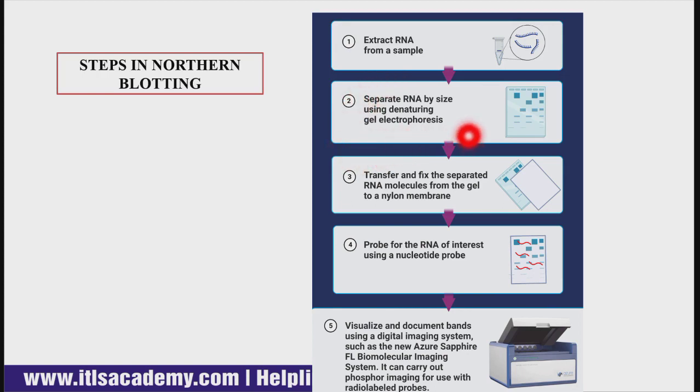Denaturing gel electrophoresis. Okay, now the next step is to transfer and fix these separated RNA molecules from the gel to a nylon membrane.